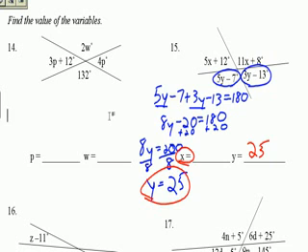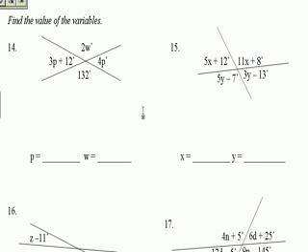So how are we going to find x in this mystery? I'm just going to clear some of this out. Put my 25 back in for y. We know y is 25. So what I can do is plug y, 25, in for y anywhere I want. I'm going to put it in right there. So I'm going to say 3 times 25 minus 13 is this angle right here.